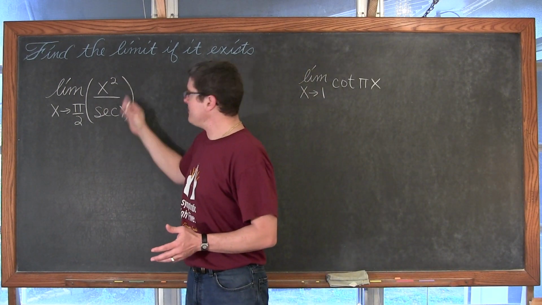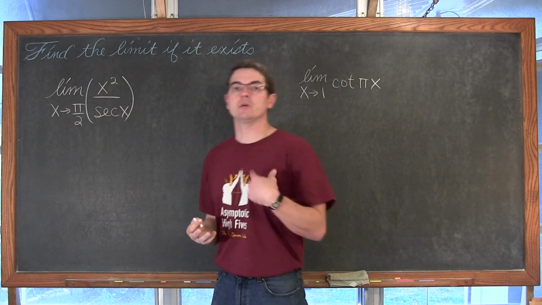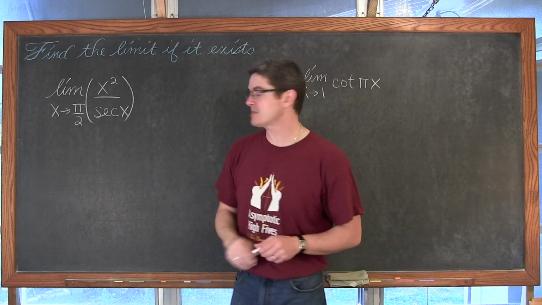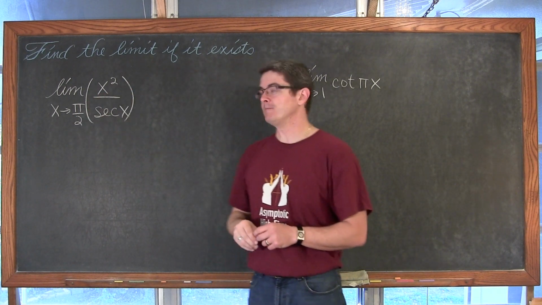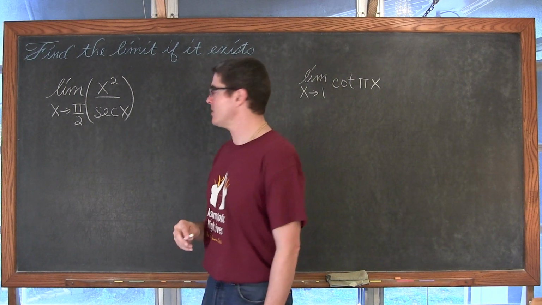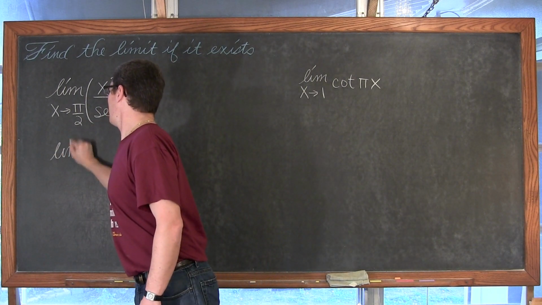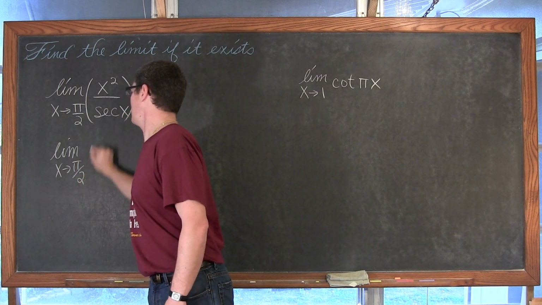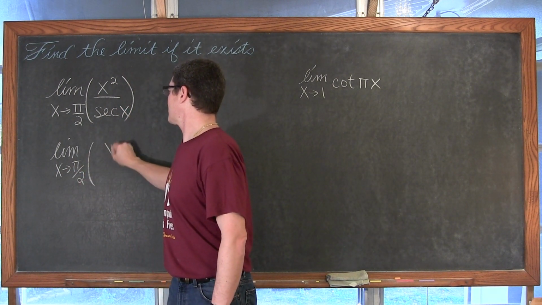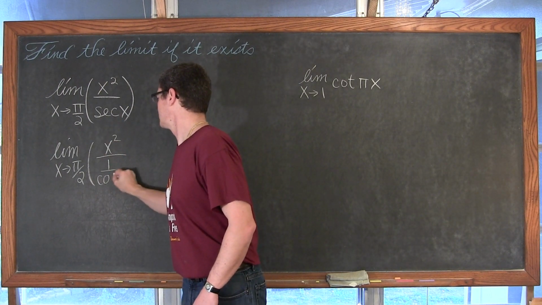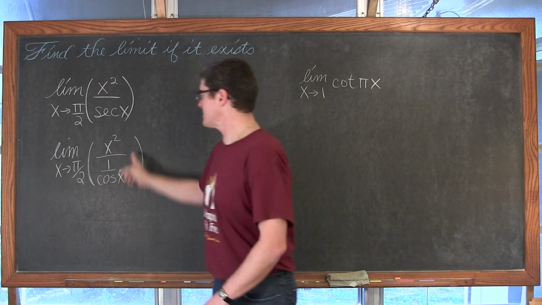Well, maybe I can manipulate this function to get another function which agrees with this function everywhere except at that value of c. And yes, secant is equal to 1 over cosine. So the limit as x approaches pi/2 of x squared over secant, which is 1 over cosine.